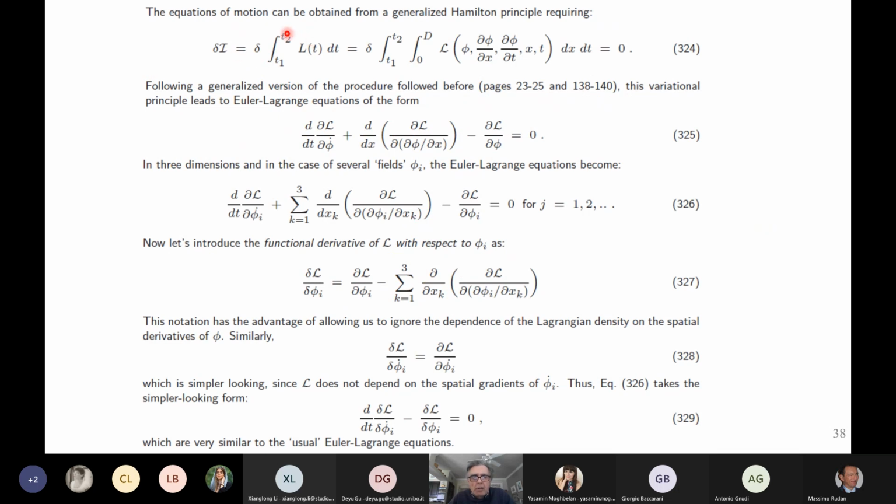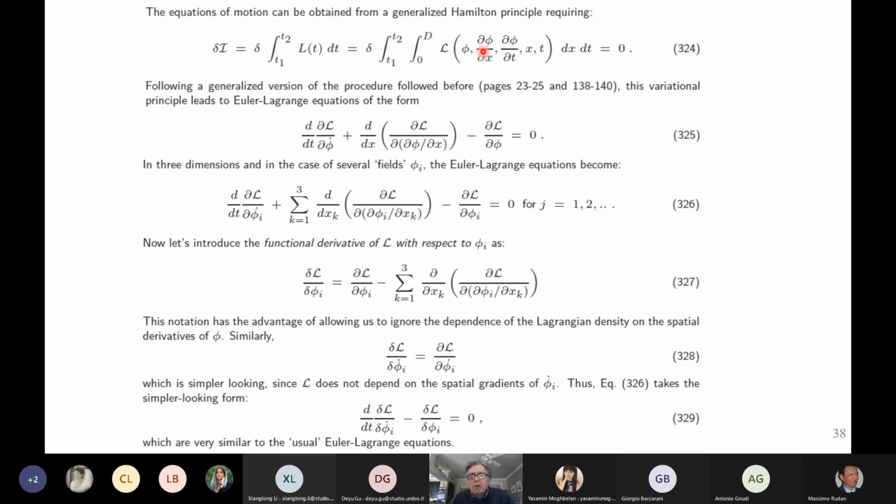So now I apply Lagrange's principle. I define the action as the integral between t1 and t2 of the Lagrangian function, exactly as I did before, except that now I have to drag along another integral over x, which is replacing the sum over the index i.